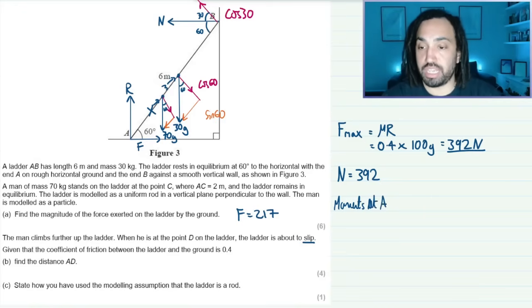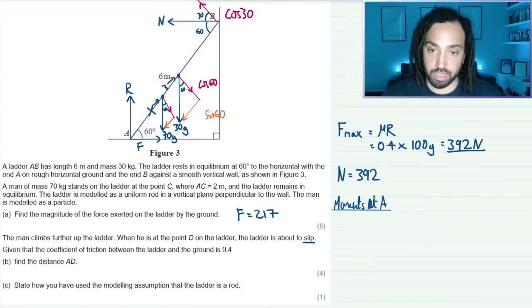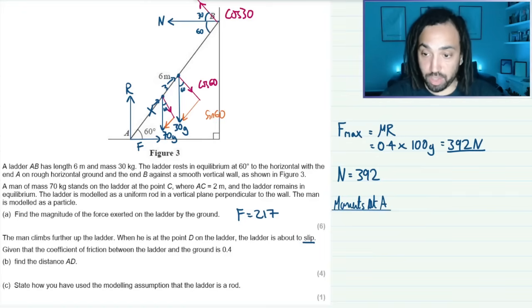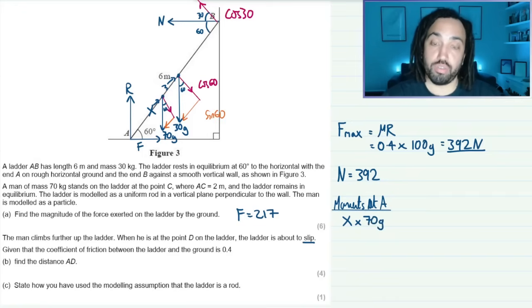Okay, so moments at A, that means that we have, well, I don't know how far this guy is up the thing, so we'll just call it x, and that needs to be multiplied by the weight, and the component of the weight is cosine 60.